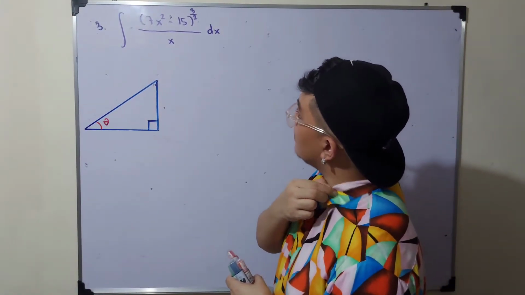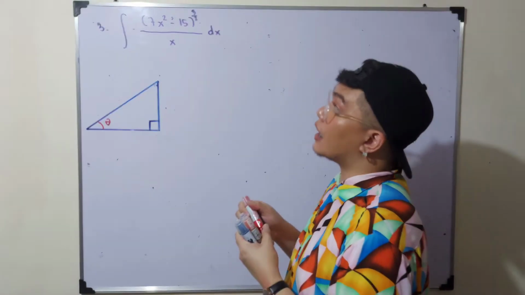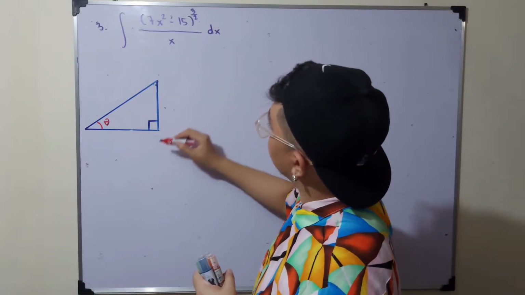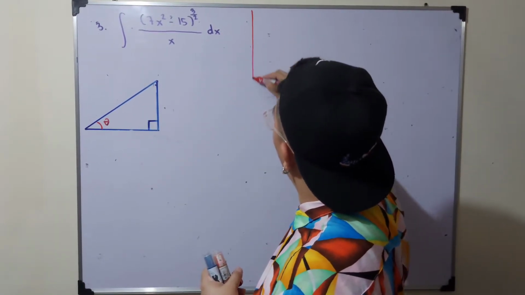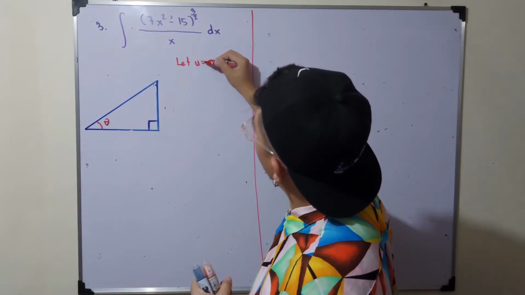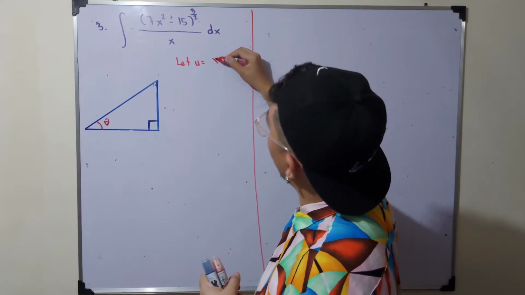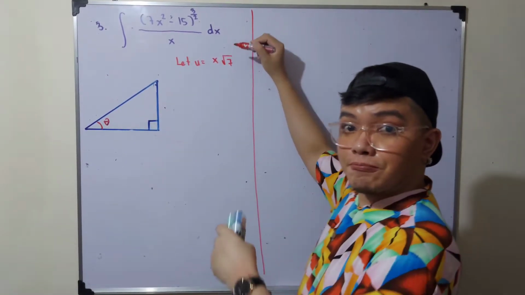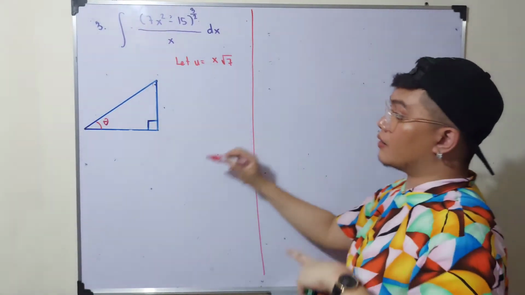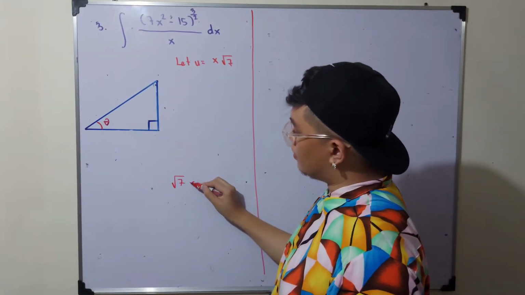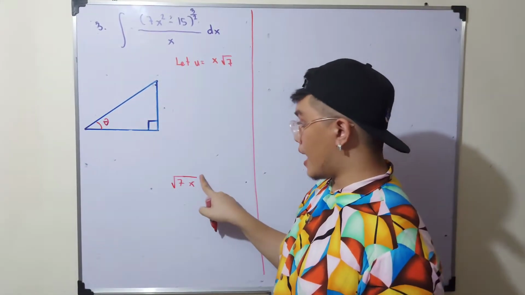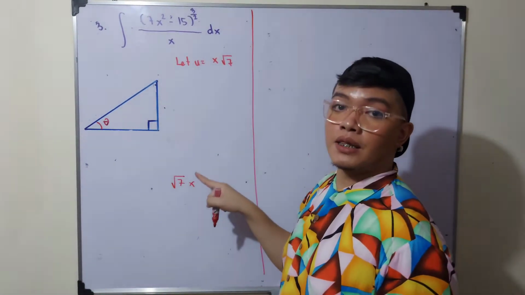So obviously, trigonometric substitution will be used. So our u, let u be equal to x square root of 7. So the square root of 7x squared is x square root of 7. It can also be done this way, but you have to make sure that the x is not included inside the square root. Okay? So, only the 7 has the square root.